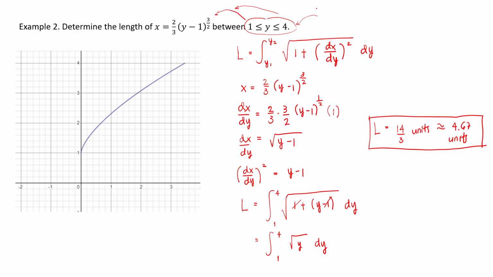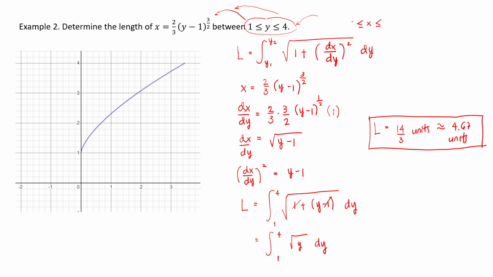So what I mean is, if I'm going to plug in 1 here to get the limit in the x range, I have 2/3 times 1 minus 1, which is 0, to the power of 3/2. So 0 raised to 3/2 is still 0.